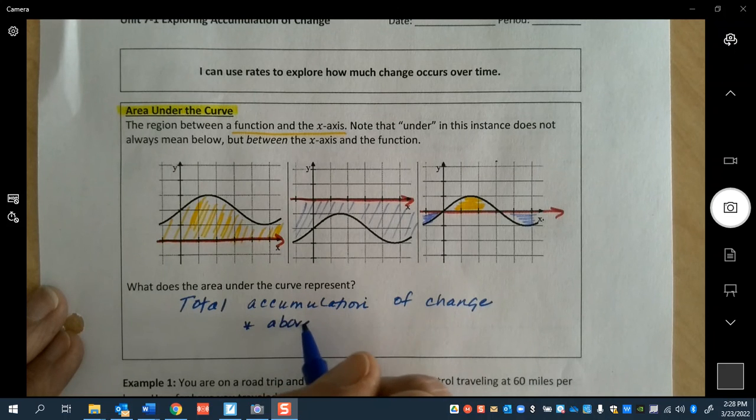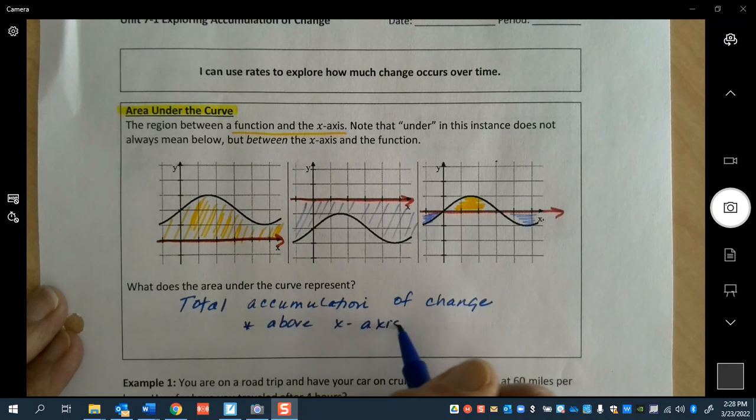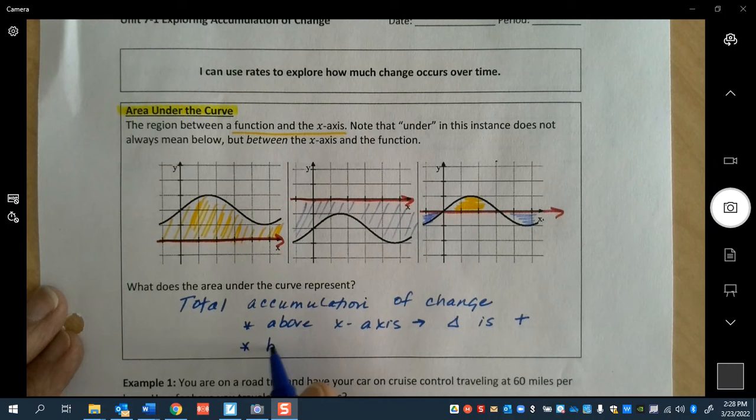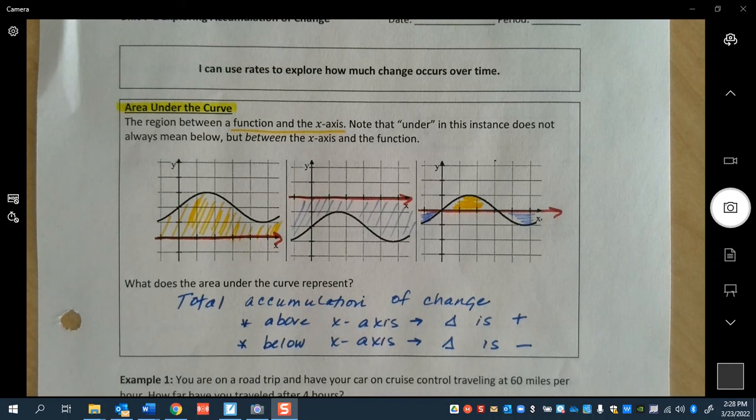If we're above the x-axis, that means that change is positive. If we're below the x-axis, that means that change is negative. So we want to be careful when we talk about area under the curve, making sure that we know we're actually talking about that space between the curve and the x-axis in both the positive and negative direction.